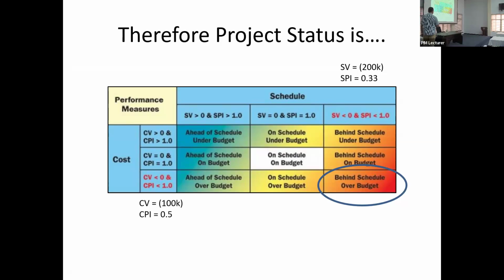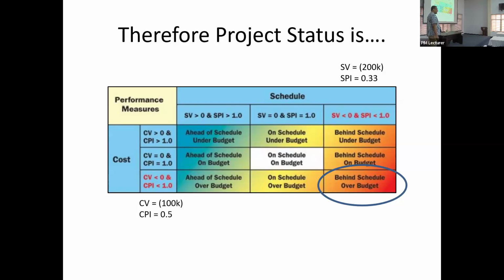Ideally, you want to be here, where CPI and SPI equal 1. If you are anything above that, you should be very happy. Okay.